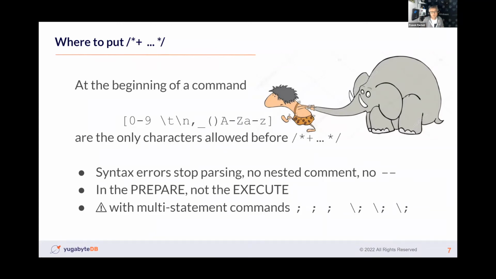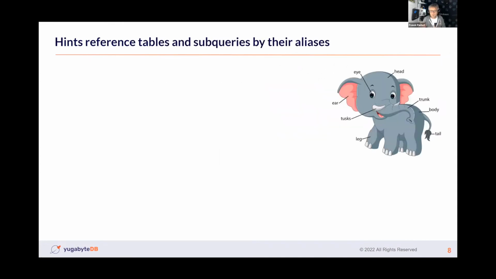And I don't think you use a lot of multiple statement commands in an application, because that's not easy when you look at them in pg_stat_activity, or better use one command per statement.